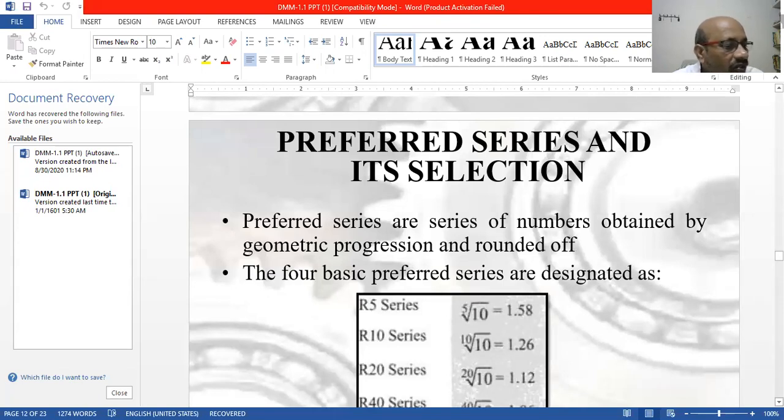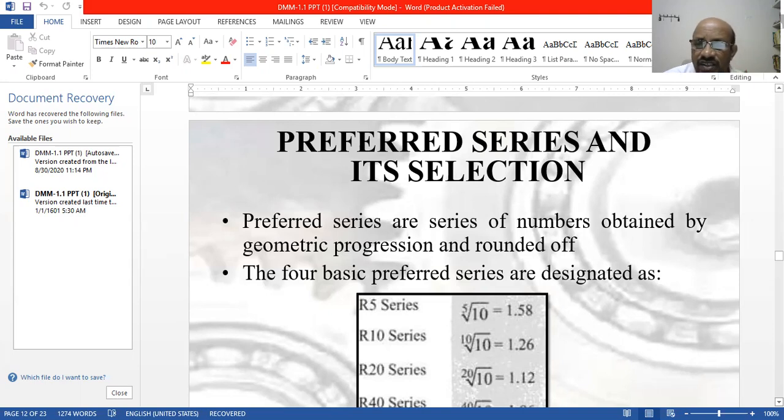When a machine is to be made in several sizes and different powers and capacities, it is necessary to decide what capacities will cover that range efficiently with a minimum number of sizes.